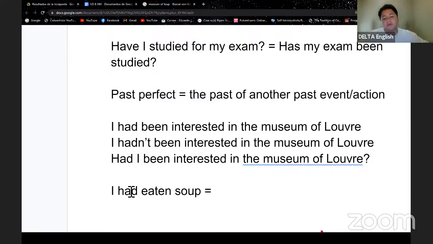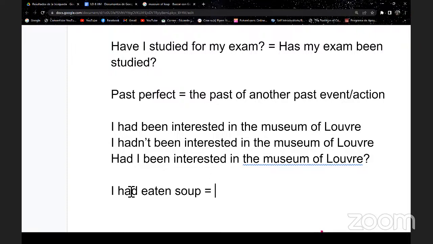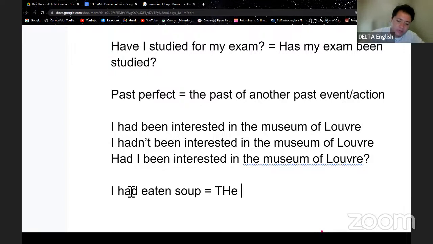And how? The soup had been eaten. Exactly. The soup had been eaten by me, I can say. La sopa había sido comida.